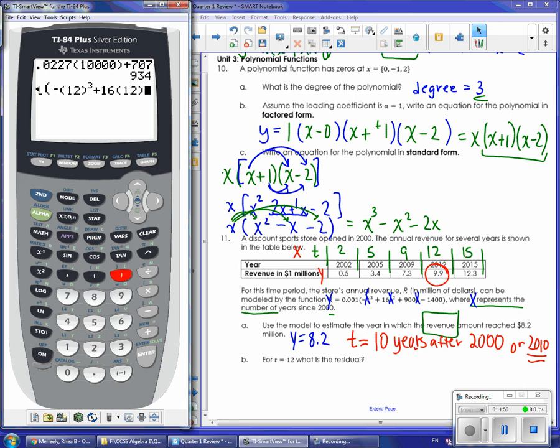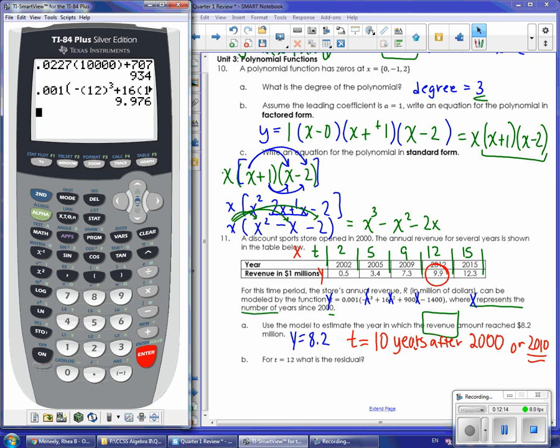And then that is squared. And then I'm going to put in plus 900 times 12 minus 1400. And then I'm going to close my parentheses. And when I press enter, that's going to give me the estimate, or the prediction that my equation produces.